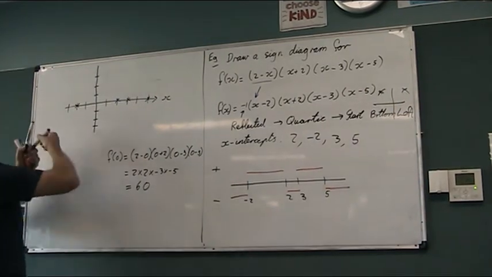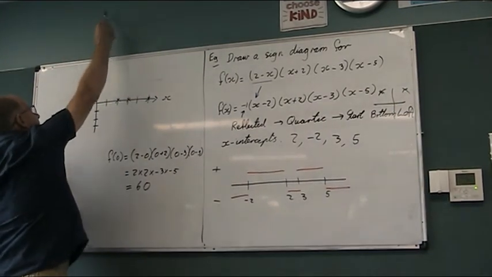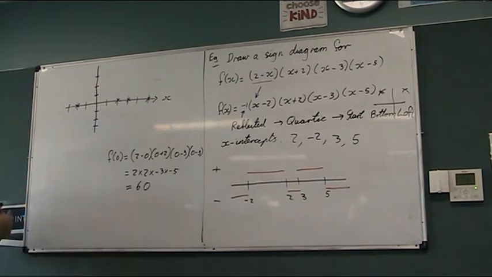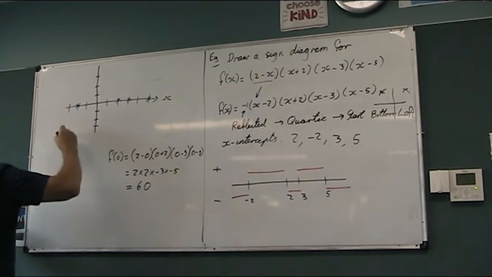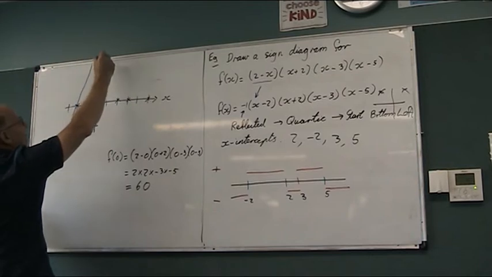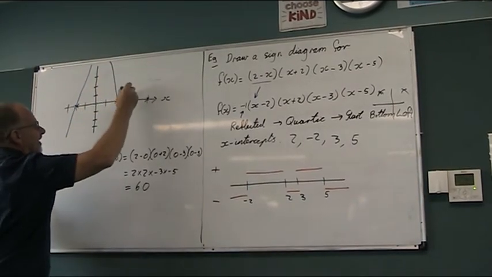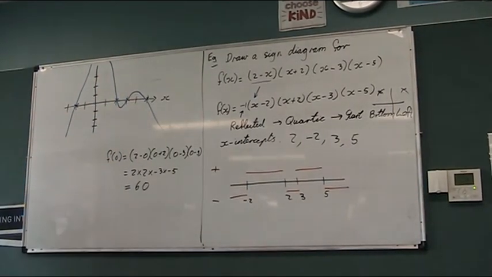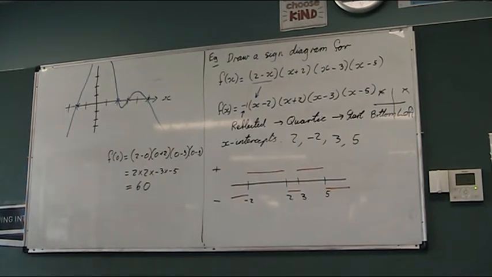So this is going up here somewhere. Perhaps I won't draw it. And then it's coming down here and going. Does that answer your question there, Carla? If that was in a test, would we have to draw it on the page?